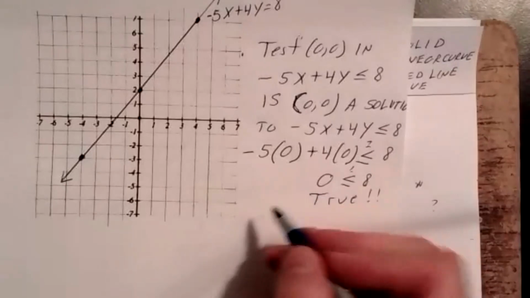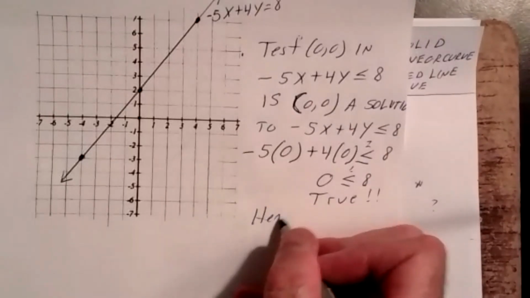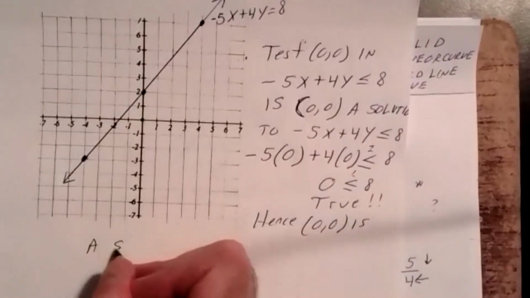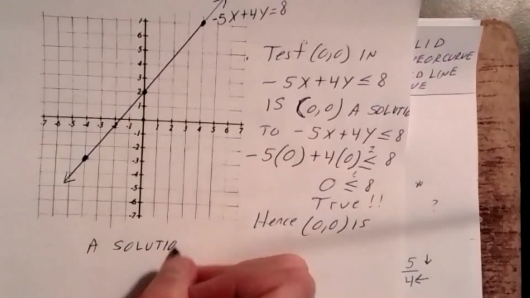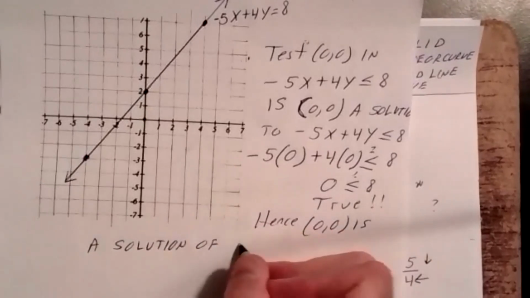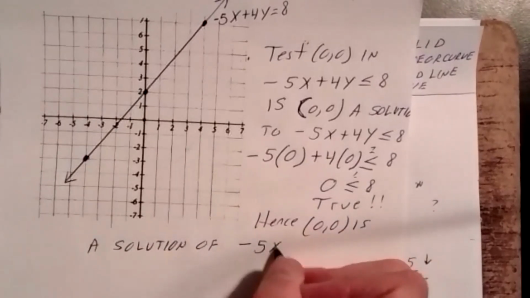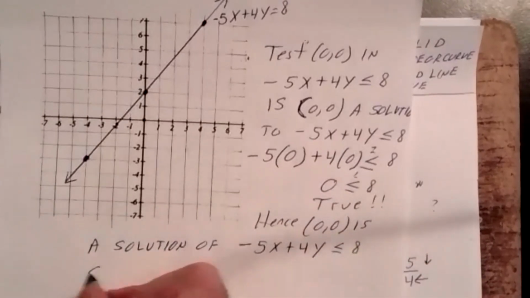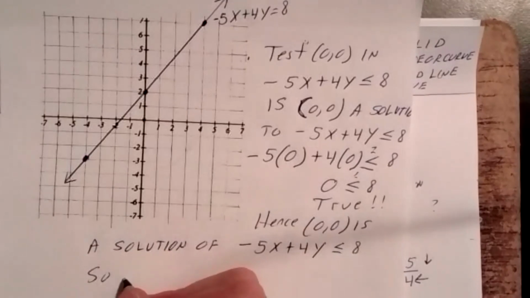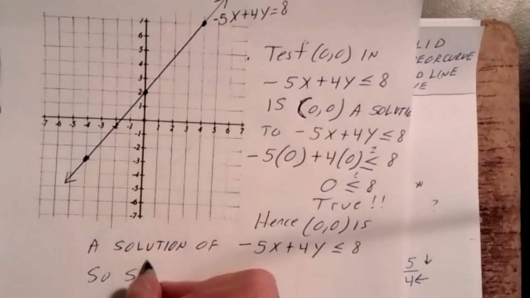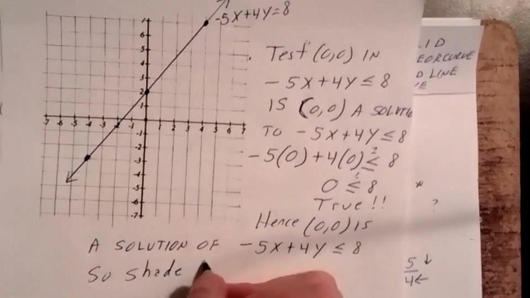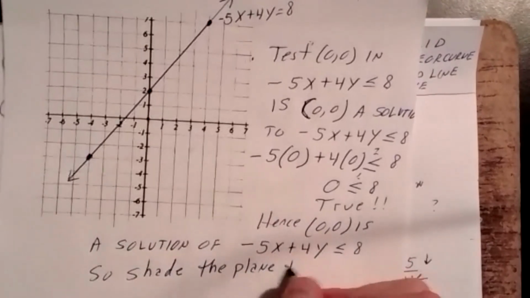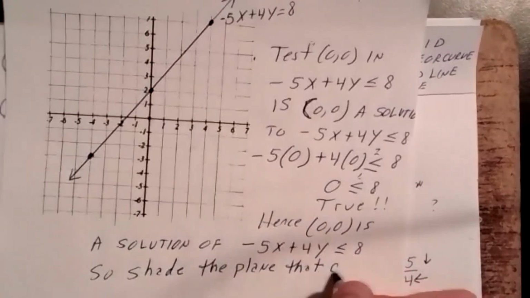So what did we discover? Hence, 0, 0 is a solution of our inequality, negative 5x plus 4y less than or equal to 8. So, therefore, we are going to shade the plane that contains 0, 0.